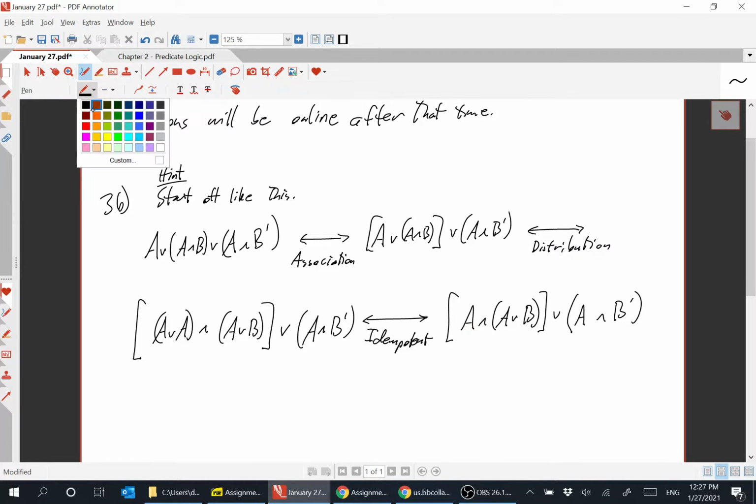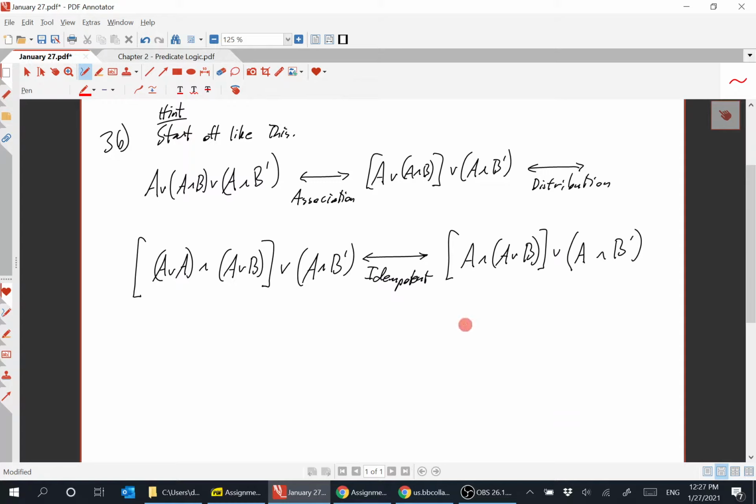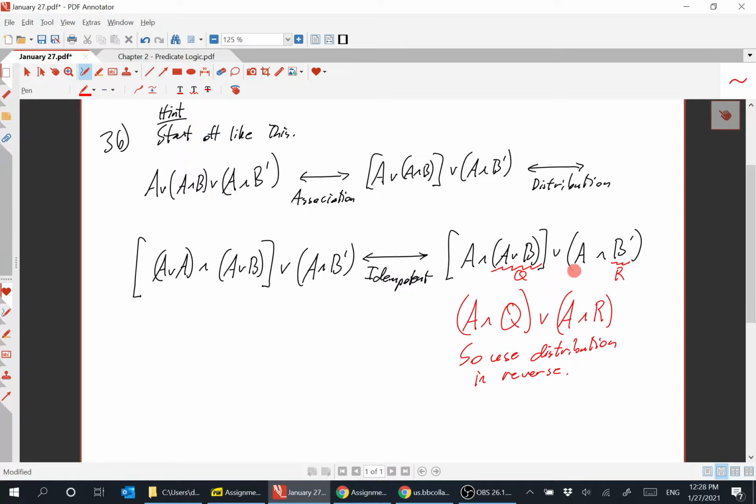So this is of the form A and Q, or A and R, where this is Q and this is R. So now you want to use distribution again in reverse, to factor out the A and. This is A and Q, or A and R.